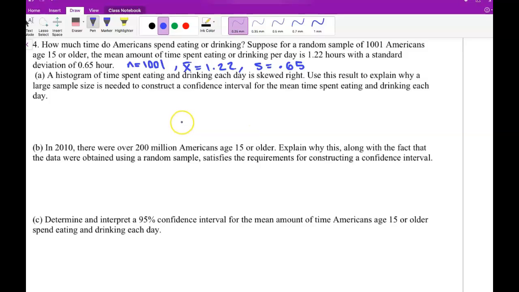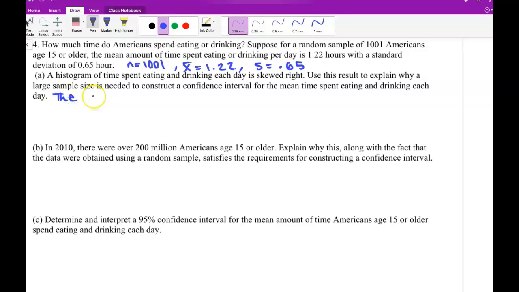So why should we have a large sample size? The sample must be large, more than 30, so that the distribution of the sample mean X bar will be approximately normal. So again, I'm using what the requirement was based on number 3. So we should have n greater than 30 to have a normal distribution.